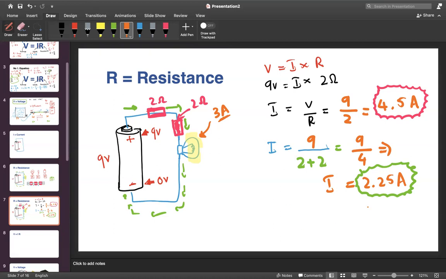But still we can put this resistor and protect this light, because now the current that we are giving to this light is actually 2.25 amps. So it is less. So therefore the light will not burn. Is that clear?